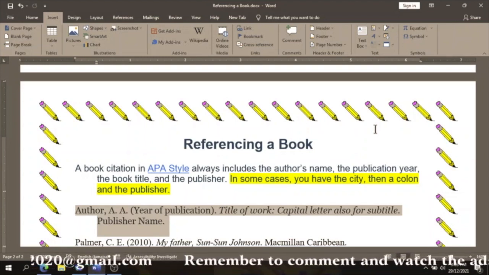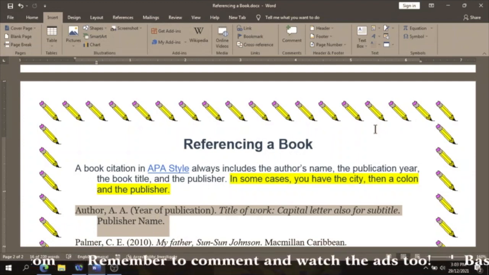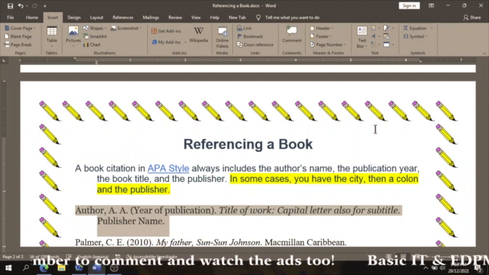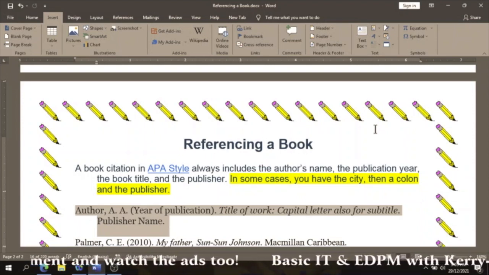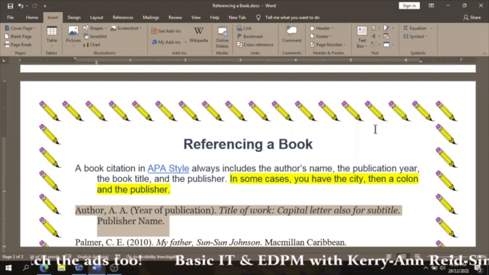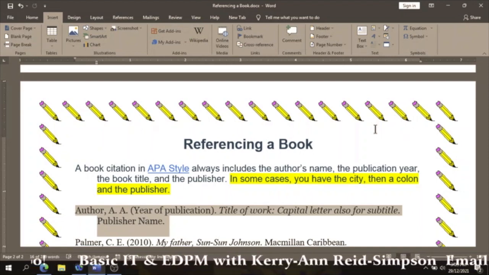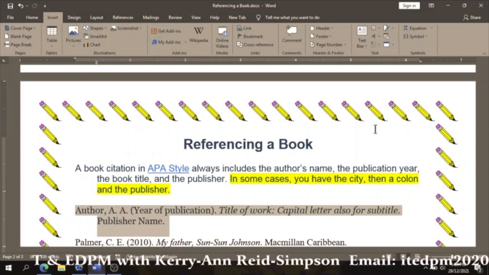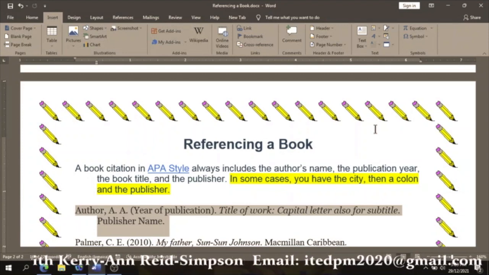So the example that is highlighted there in gray shows you the last name, which is represented by author, then a comma, then the initial of the first name, which is the A that you're seeing there, followed by a full stop, space, and then the initial of the middle name, which is another A, followed by a full stop, then a space, and in brackets after that space you will put the year it was published.